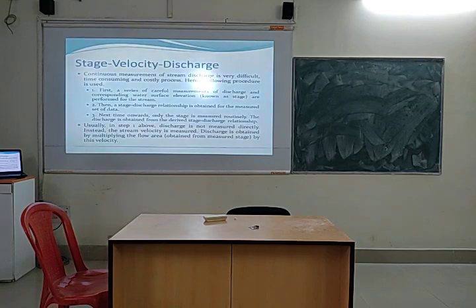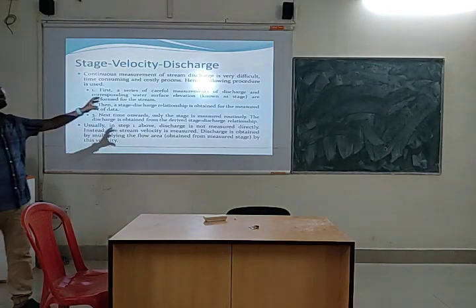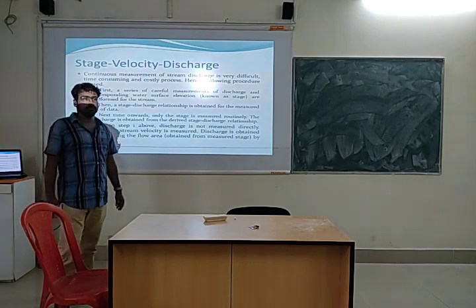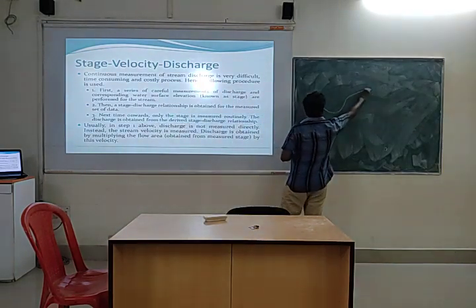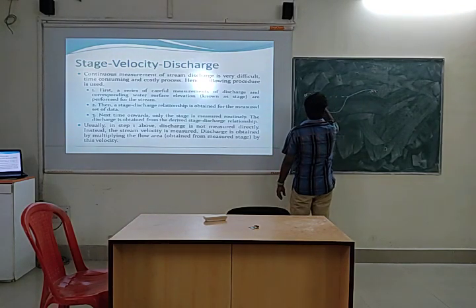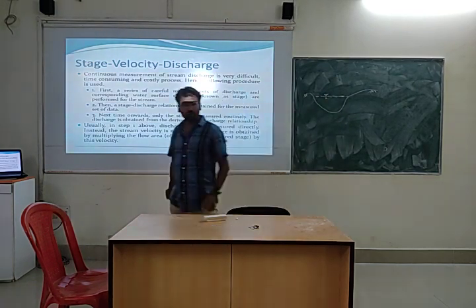First step: a series of careful measurements of discharge and corresponding water surface elevation are performed for the stream, right? So we will find various series of measurements of discharges and corresponding water surface elevation. Suppose we have the cross sectional area of a river, and this is the elevation or level of water.